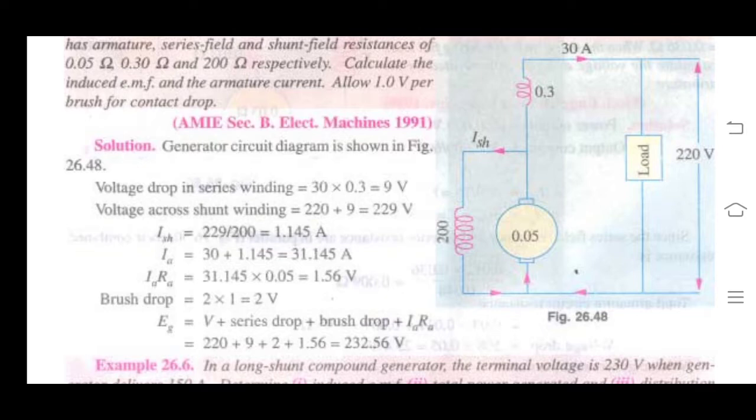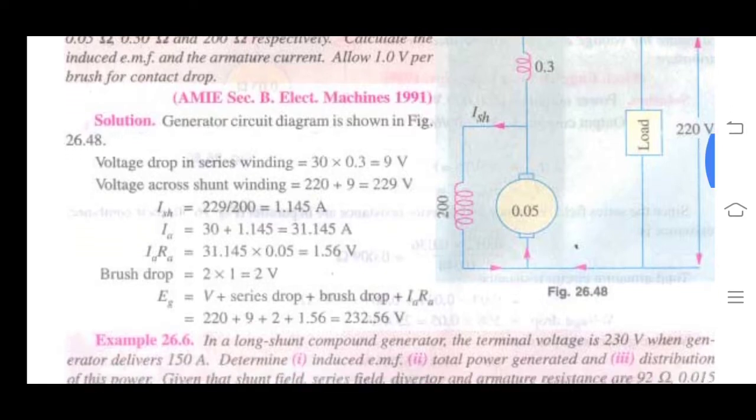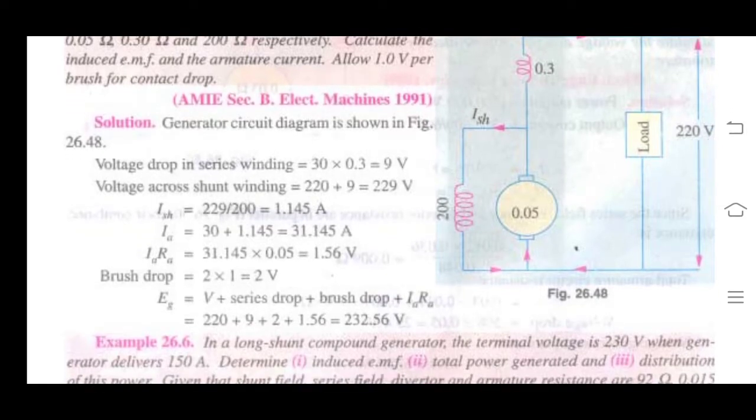Here IA equal to IL plus ISH, where IL is 30 and ISH is 1.145, so IA is 31.145 amps.